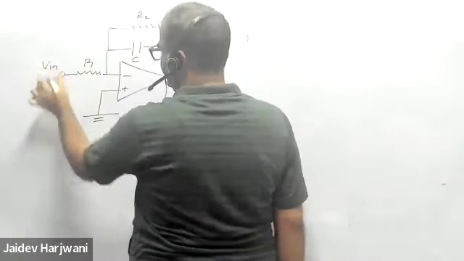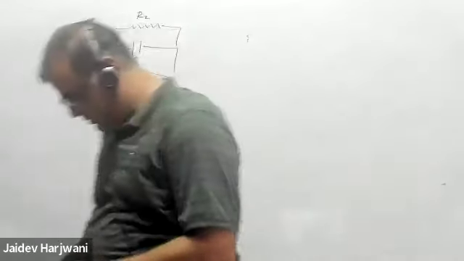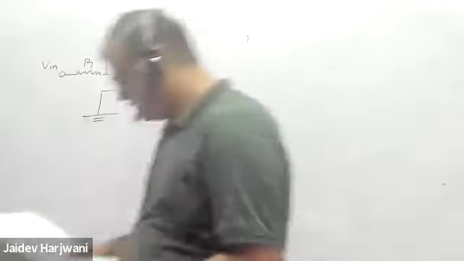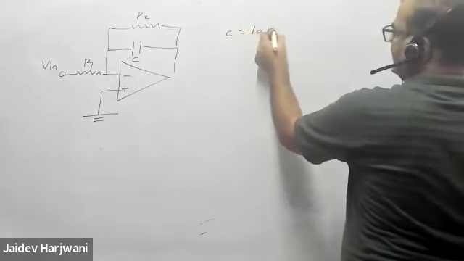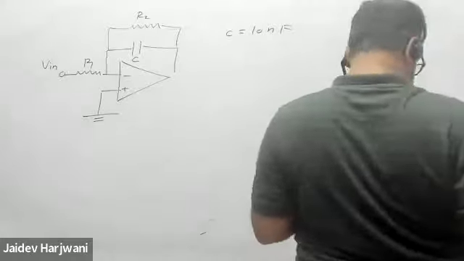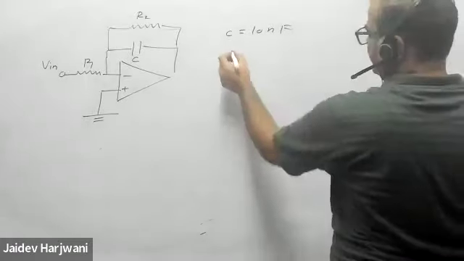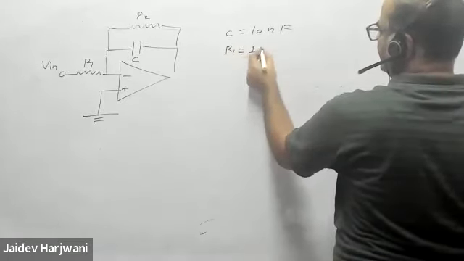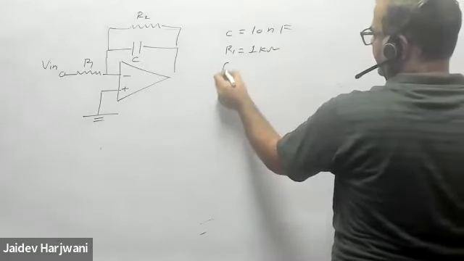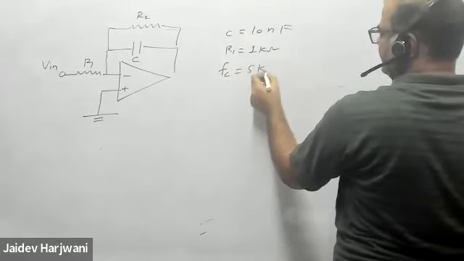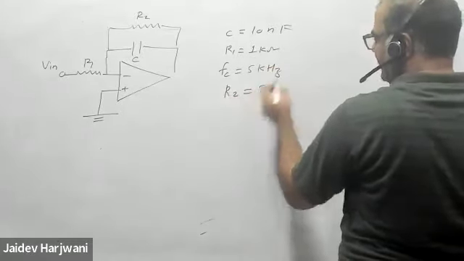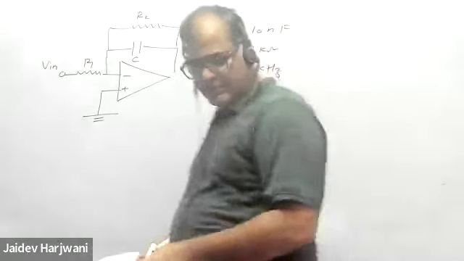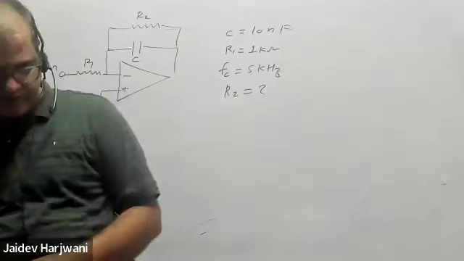Here I'm applying V input. Okay. So it says C is given 10 nanofarad, R1 is given 1 kilo ohm, and the cutoff frequency FC is given 5 kilohertz. So it's asking what is the value of R2. Okay, give me the value of R2. Calculate the value of R2.